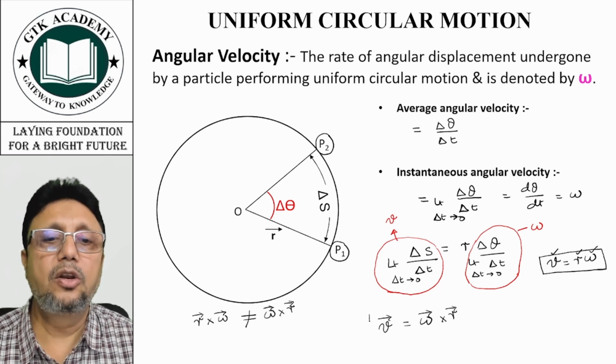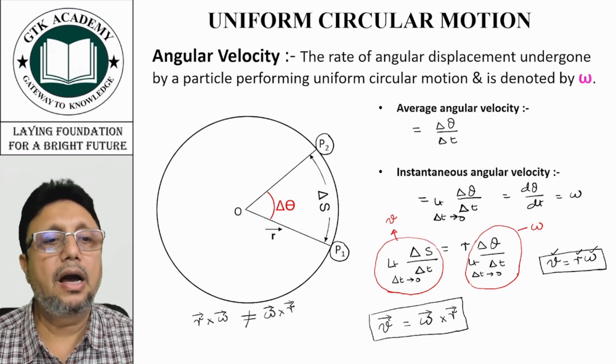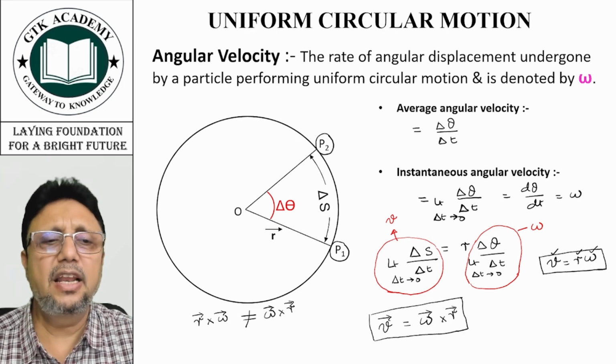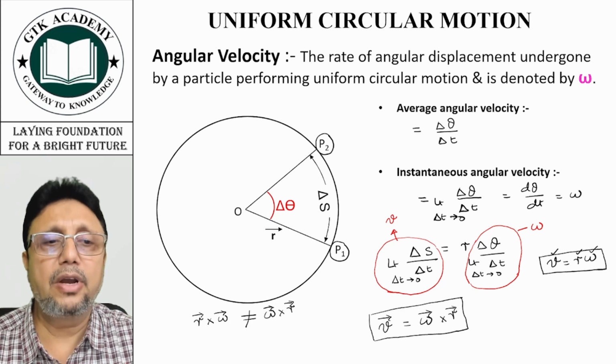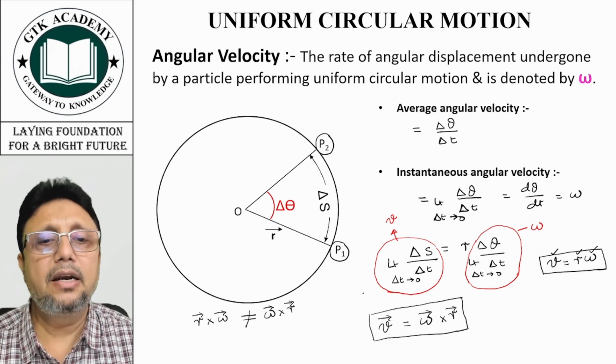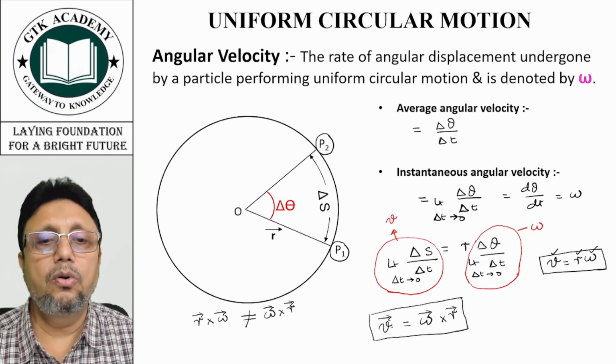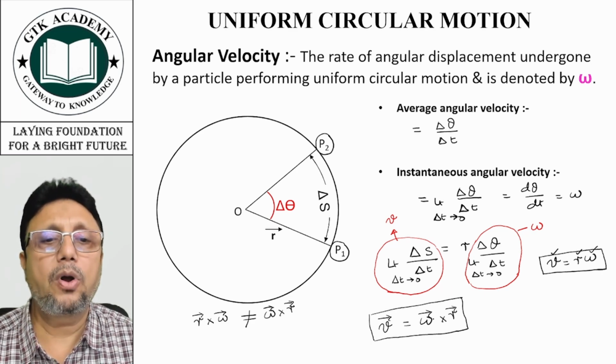Please note it. Normally most of the people will be remembering this relation as v is equal to r omega. But since it's a scalar, you can write r omega or omega r. But if you write in vectorial form, you have to write it omega cross r. Please note this. So linear velocity is a cross product of angular velocity and radius vector.